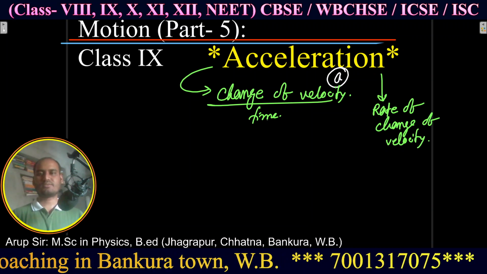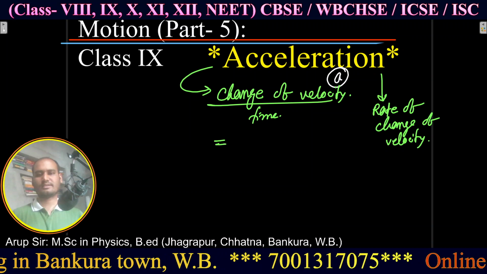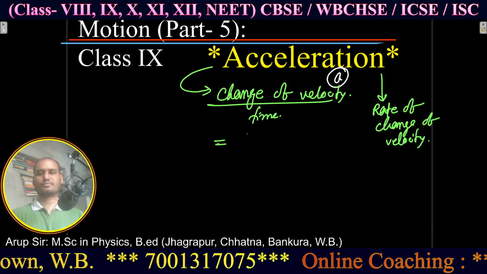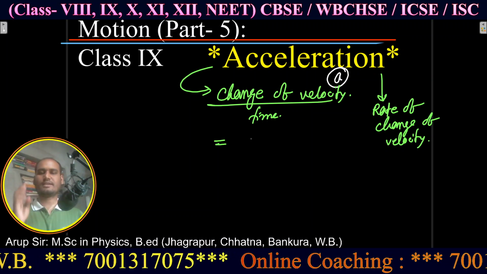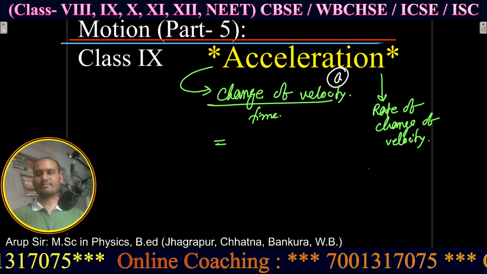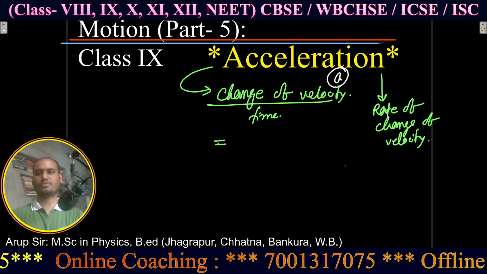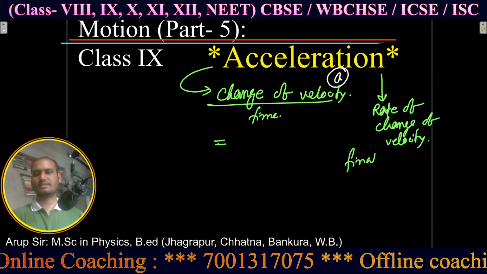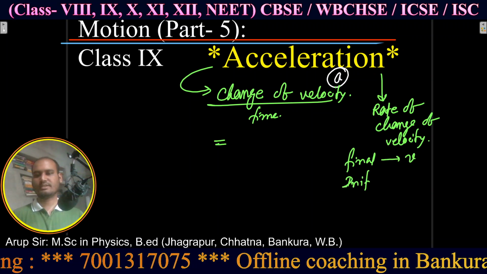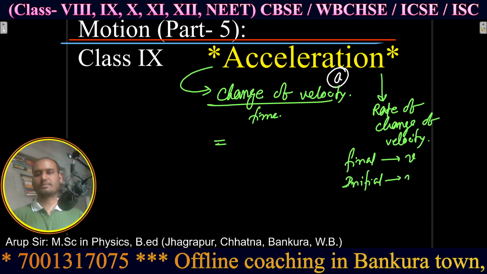Now, change of velocity means what? There are two types of velocities: initial velocity and final velocity. Final velocity is denoted by v, and initial velocity is denoted by u.